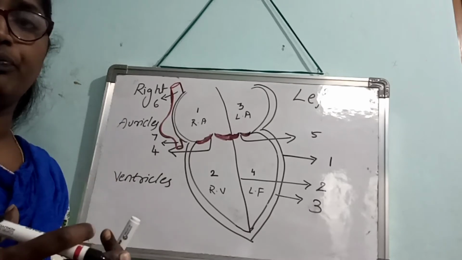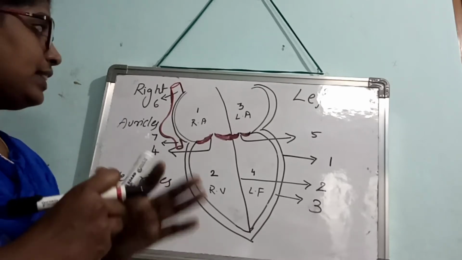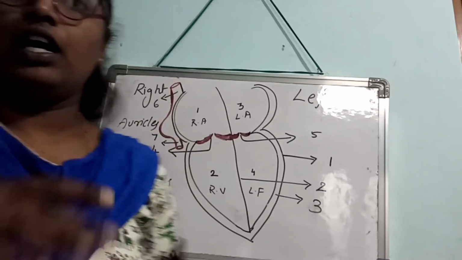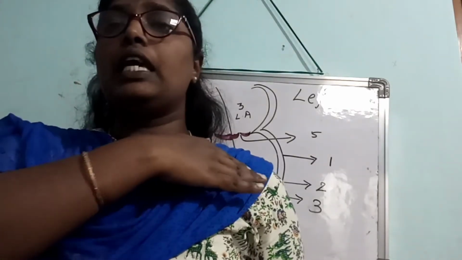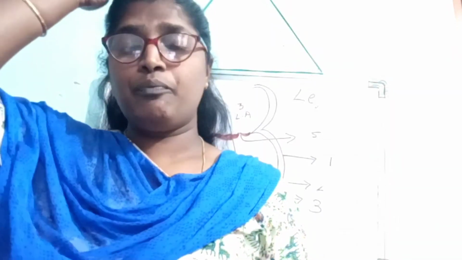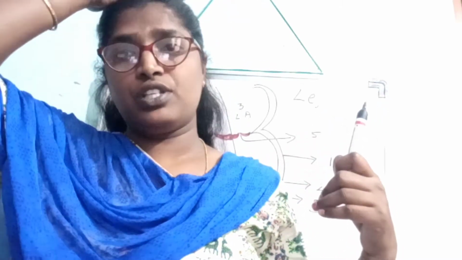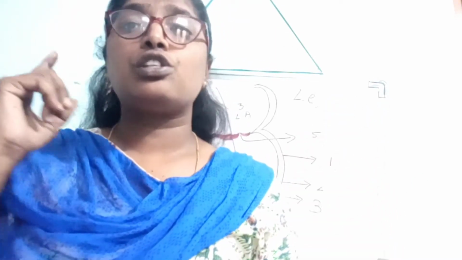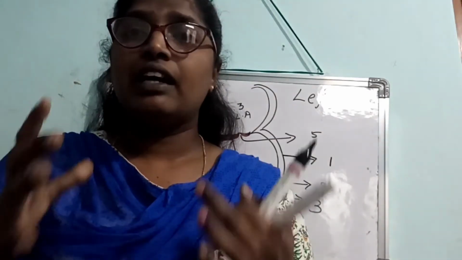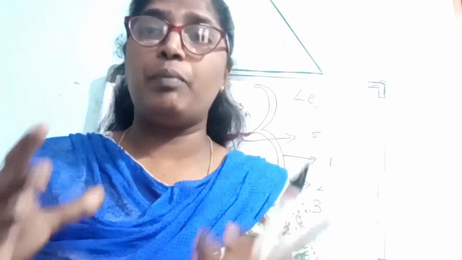What do they do? The superior vena cava will collect impure blood from the head to shoulder region, from the organs present there.